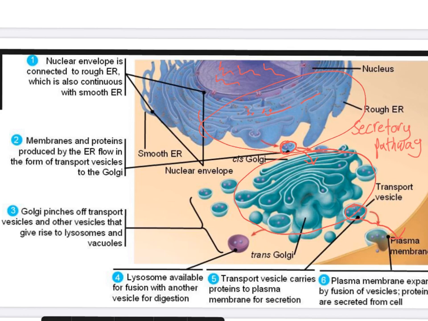So this pathway from nucleus with the DNA to the ribosome making the proteins to the proteins moving through the rough ER, potentially to a vesicle, to the Golgi, to a transport vesicle, and then out of the cell is known as the secretory pathway. How those different organelles work together to make that happen is, again, something that you might see come up.